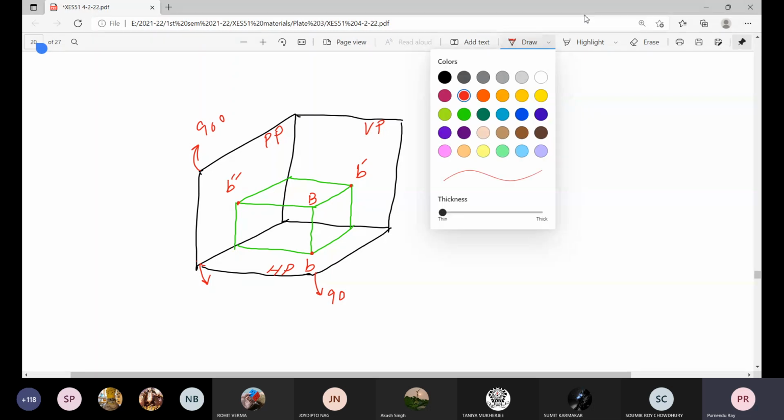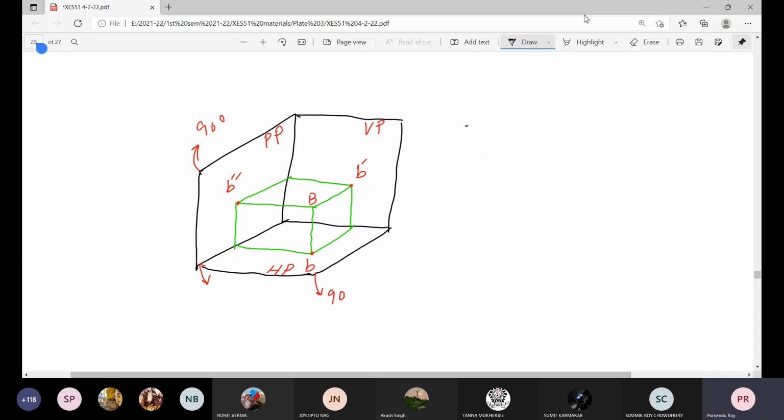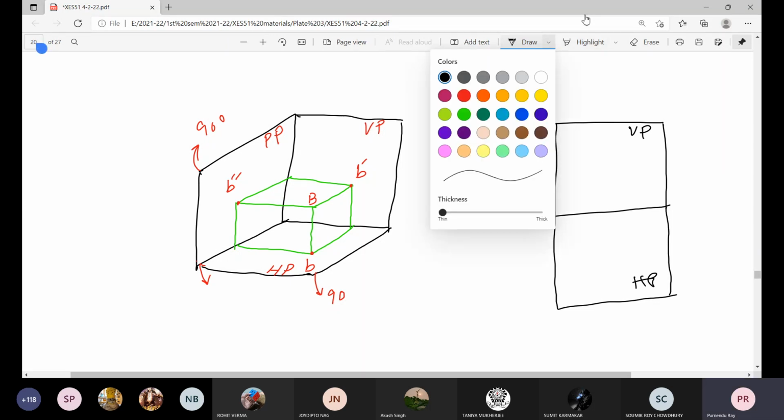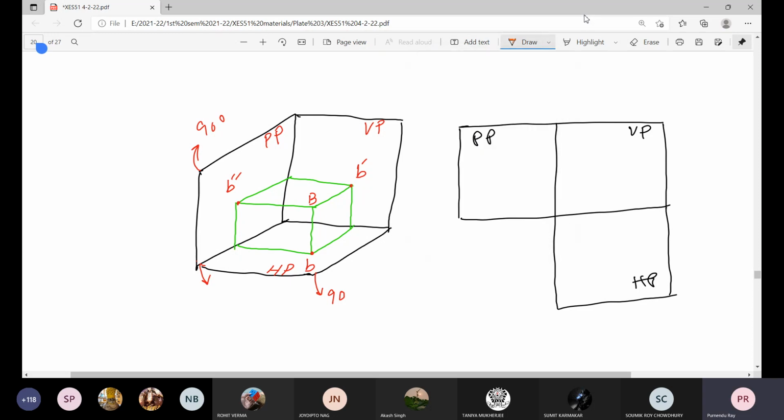So ultimately you will get this combination as if these are three cardboard pieces, and here you will show the view from right.